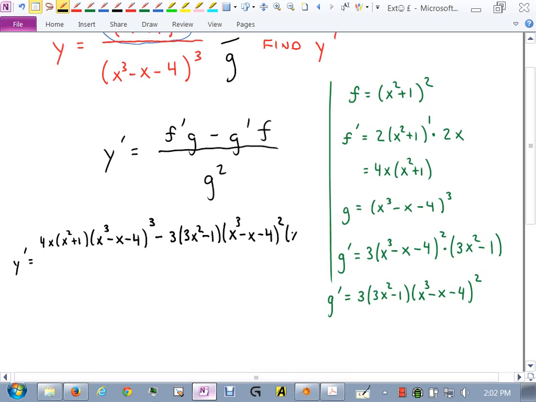Oh my. All over g squared. X cubed minus x minus 4 cubed, but then squared, so 6th power.